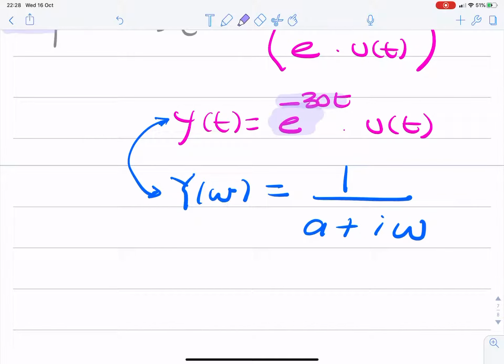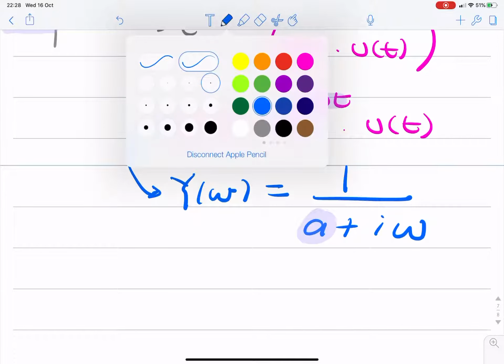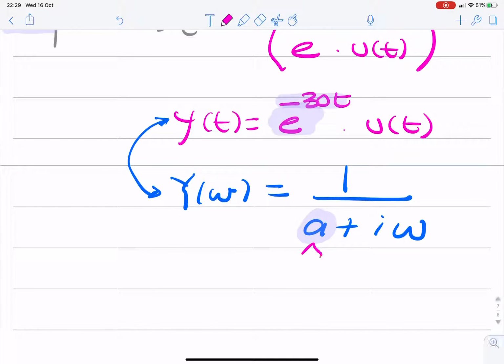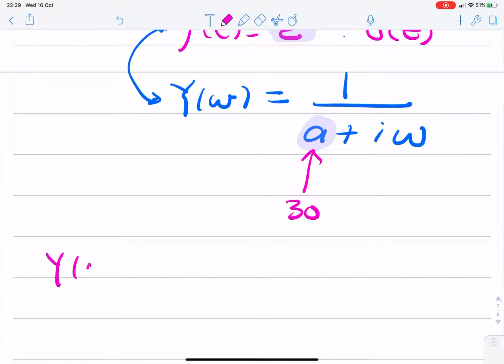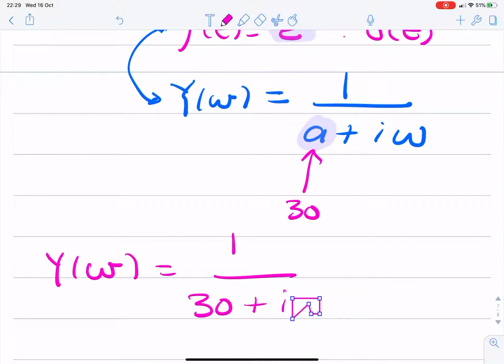And in this case, a is equal to 30. So our final answer would be y of omega equals 1 over 30 plus i omega.